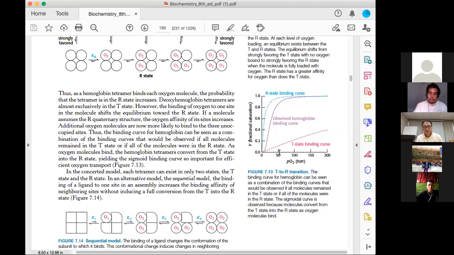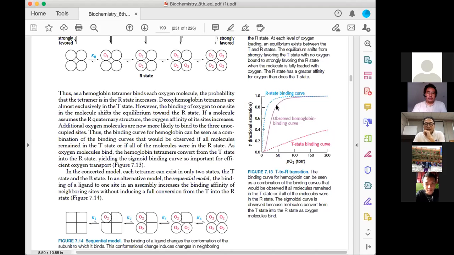So between 40 and 20, you see a big change in the fractional saturation. 40 is right here, 20 is right here. It is a very small range of oxygen change, but the percent bound to oxygen changes from almost 80% to about 10%.